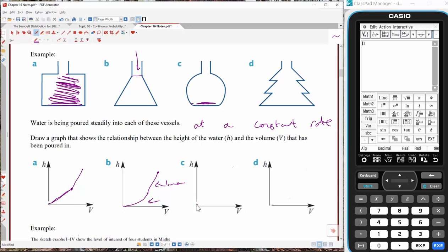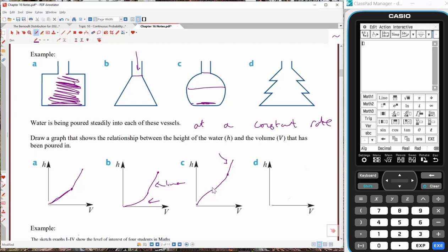So fast at first, slowing down, so we get a smaller positive gradient there. And then it's going to hit this tipping point here. It's going to start to speed up again. So we're going to go like this. So that should be roughly a mirror image of that one there until it gets to this point here, and then it's going to go constant up.